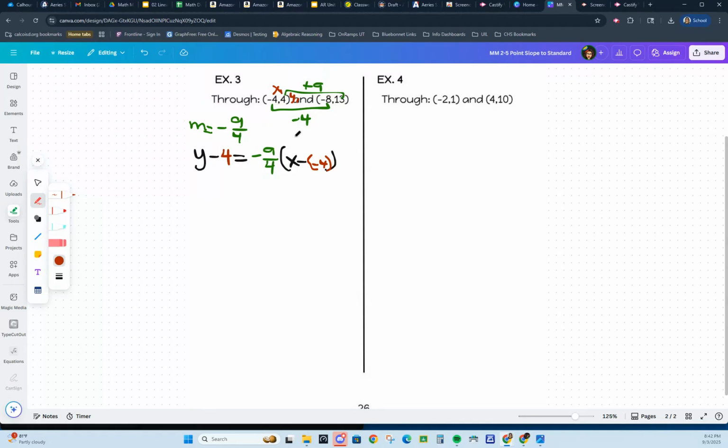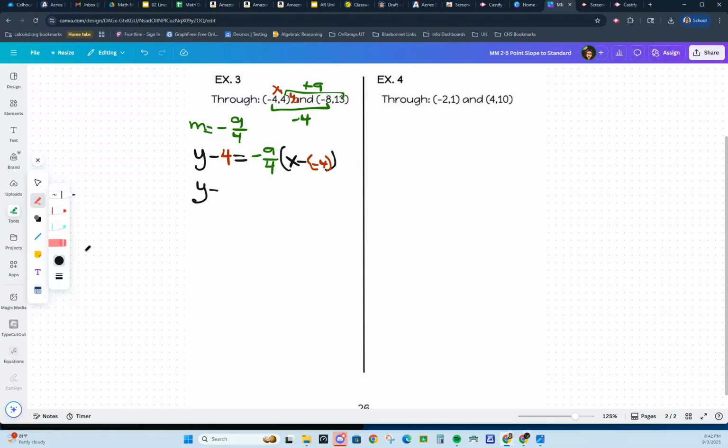So when you are working with these points, make sure if there's a negative in the point, remember there's also negatives in the formula, so minus a negative. This we're going to clean up, and it's going to become x plus 4, so I'm just going to rewrite the equation the way it should look after we've cleaned that up.